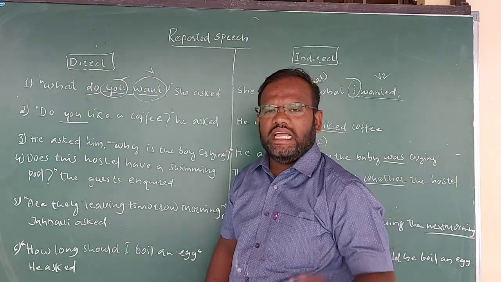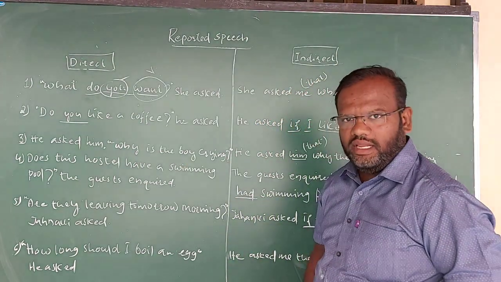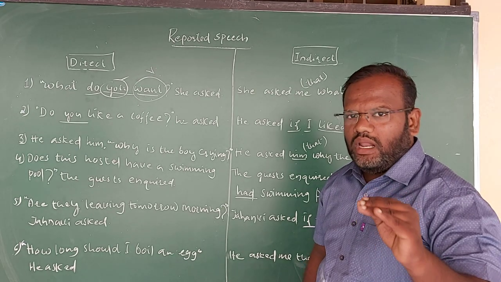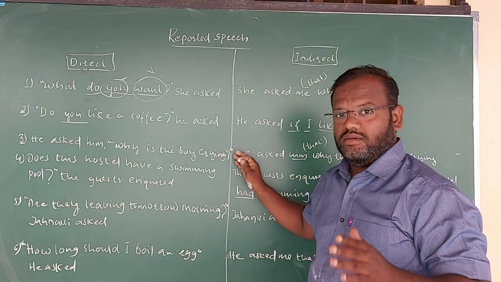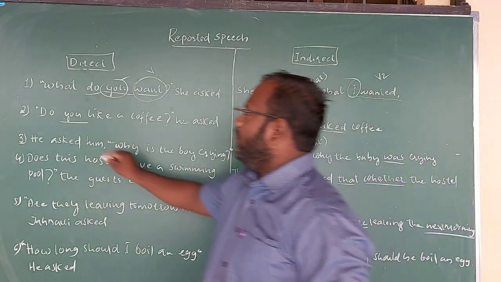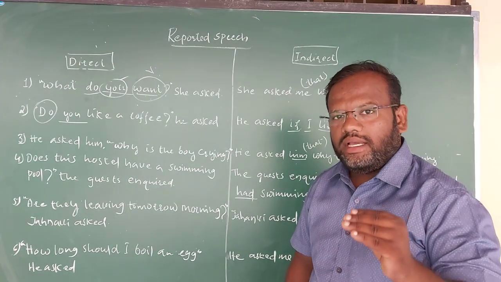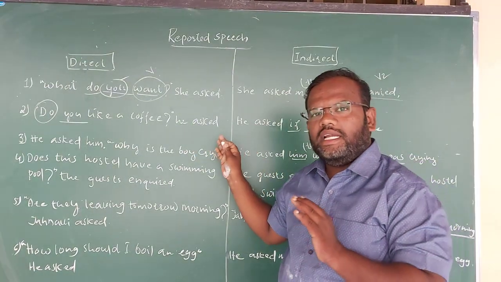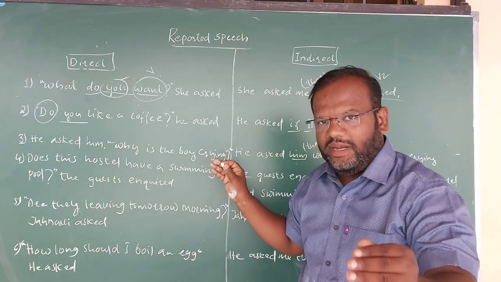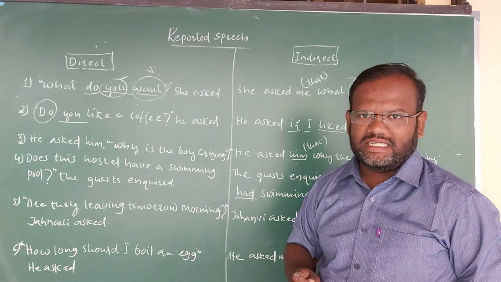Let's focus towards the example number 2. Do you like a coffee? He asked. So now say that it is in which tense? Obviously it is in the simple present tense. Do you like a coffee? He asked me. What sort of an interrogative sentence is it, say? Definitely it is a yes or no type of interrogative sentence.